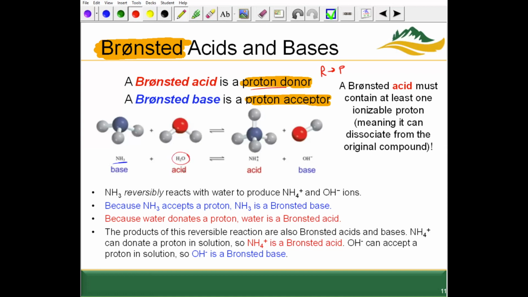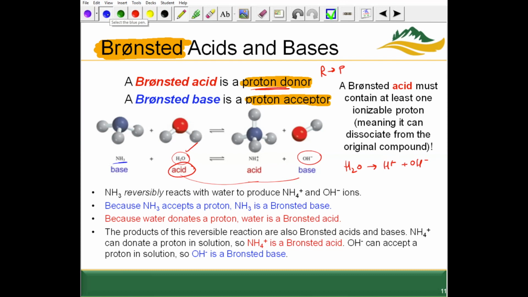We notice on the product side, though, it's just OH-. That means that H2O must have donated a proton to then be left with just OH-. Because this water molecule donated a proton, it is a Bronsted acid.